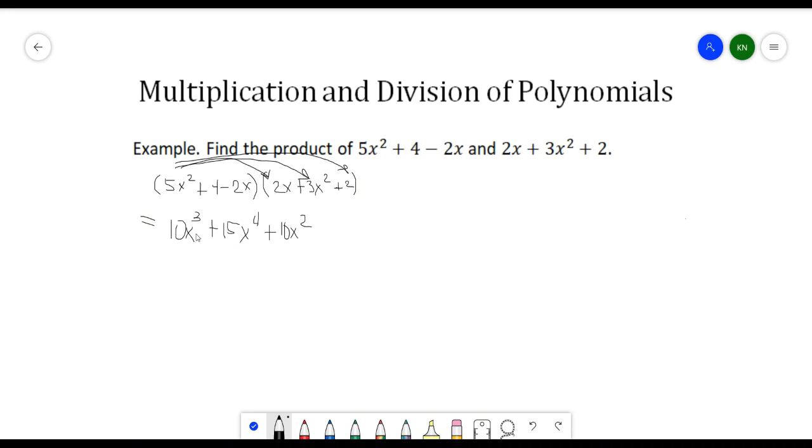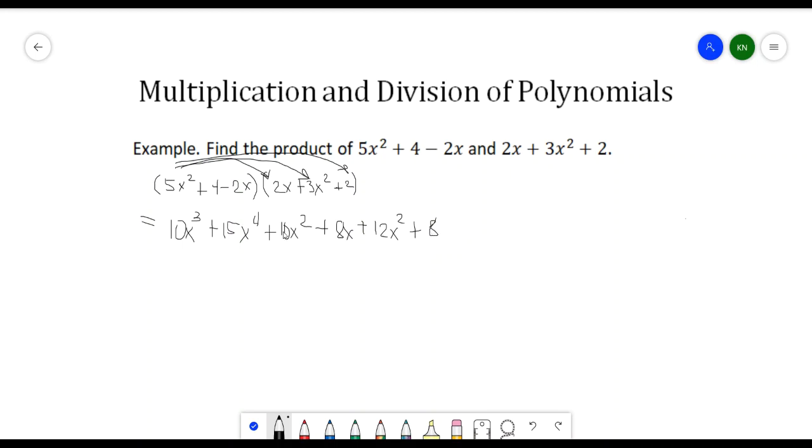Now repeating the same process with the other terms, so we have 4 multiplied by 2x, that is positive 8x. 4 multiplied by positive 3x squared, so we have positive 12x squared. And we have 4 multiplied by 2, that is positive 8.